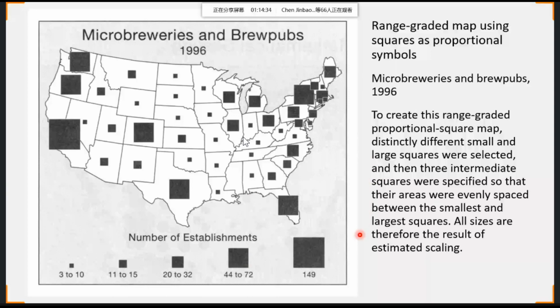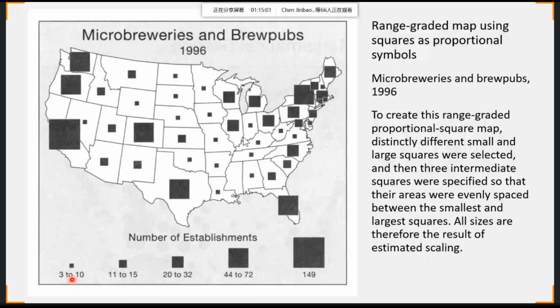So there is no direct proportion. You don't need any formulas here. This is just done in a visual way. So the largest and the smallest squares represent these respective classes here. So for all numbers 3 to 10, you have just one size here.